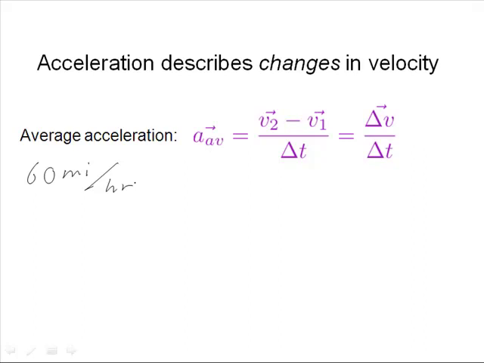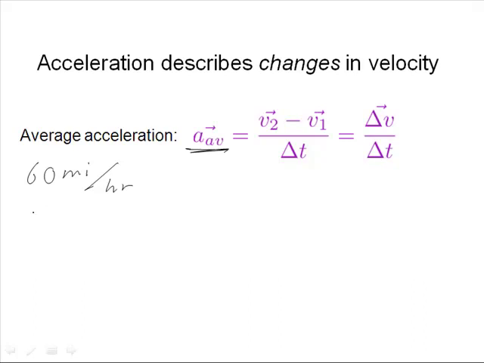But what about how quickly I speed up? I have a car that may be able to go from 0 miles per hour to 60 miles per hour in 10 seconds. In other words, that is an average acceleration, where I take the final velocity, subtract the initial velocity, and divide it by the change in time.